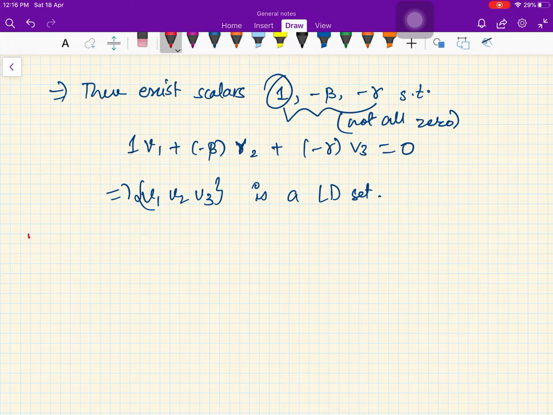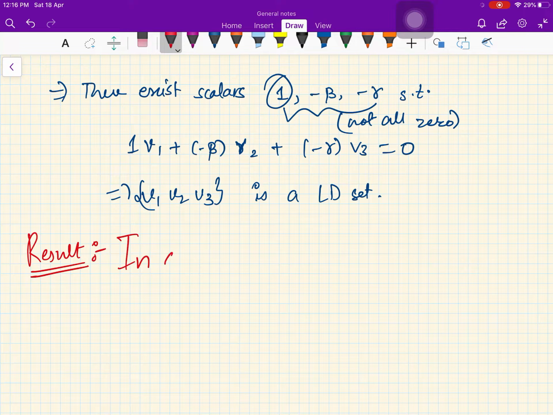I'll do some of the proofs, right? I'm not doing everything. So I should not call it a theorem. I'll just call it a result. In the next one or two videos also, we will do these results, and you can use these results in the questions that I'll do at the end.